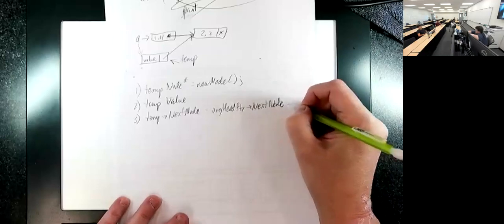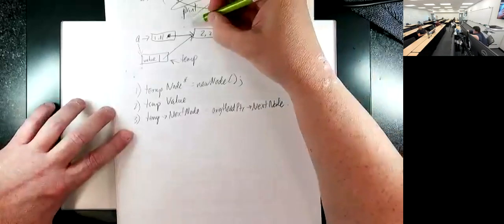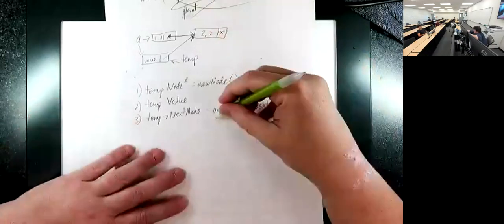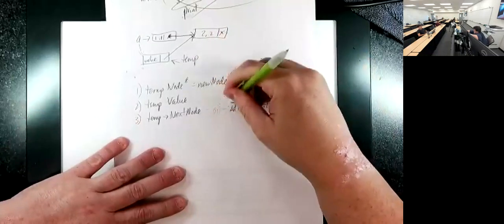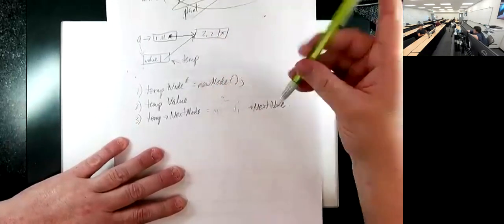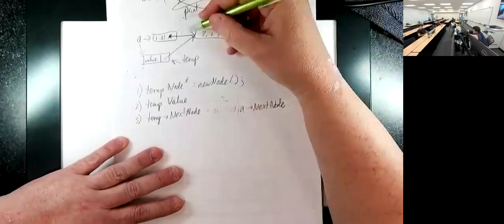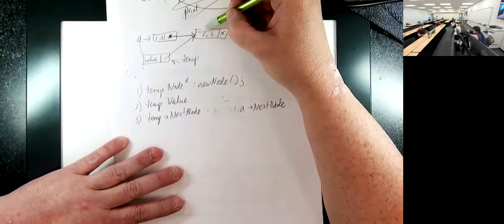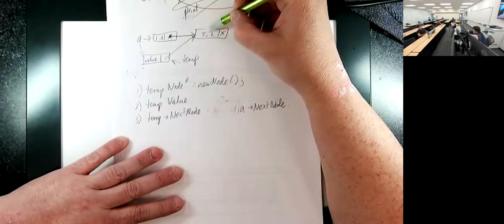That's what I'm trying to tell it to do. This is A's next node. I wrote A, use A here. A's next node points to here. I want temp's next node to point here.